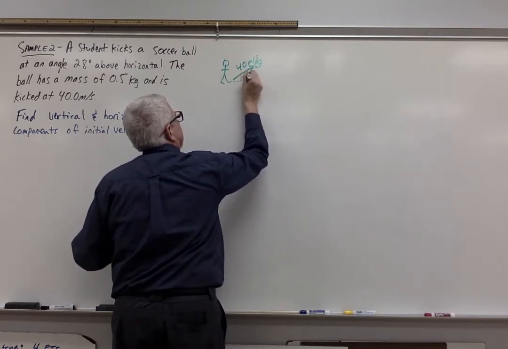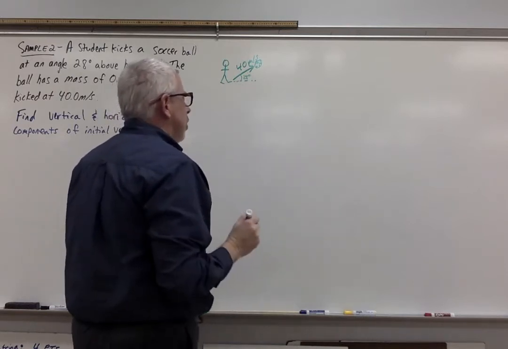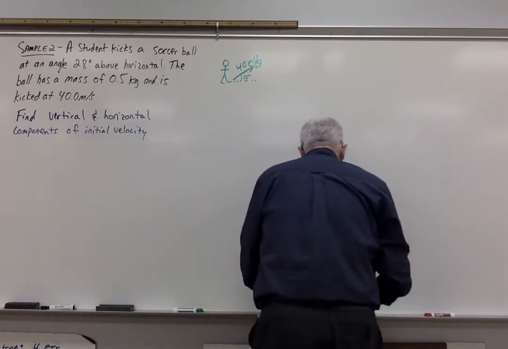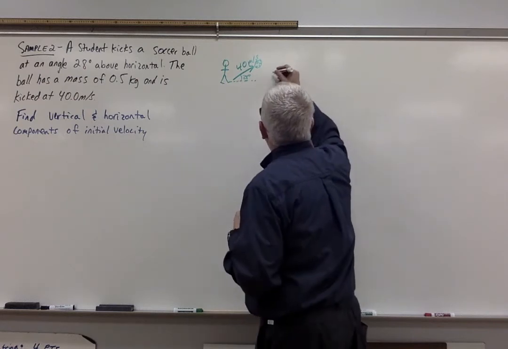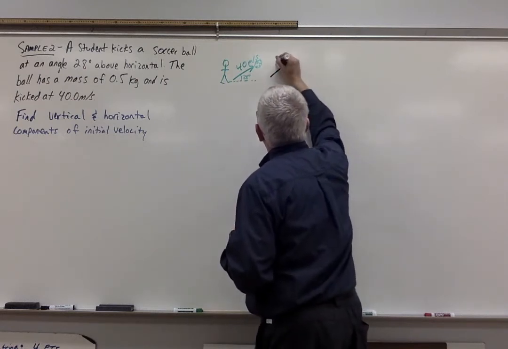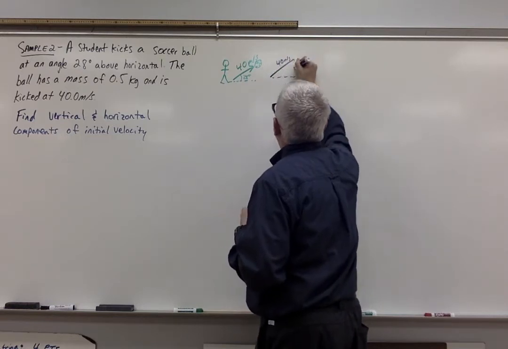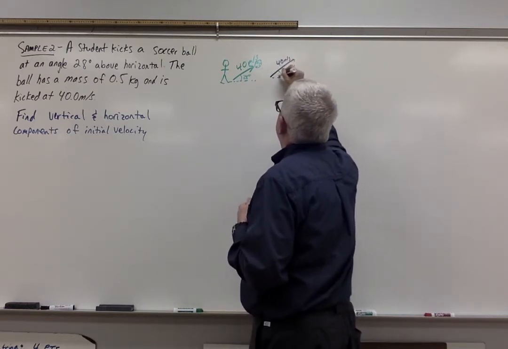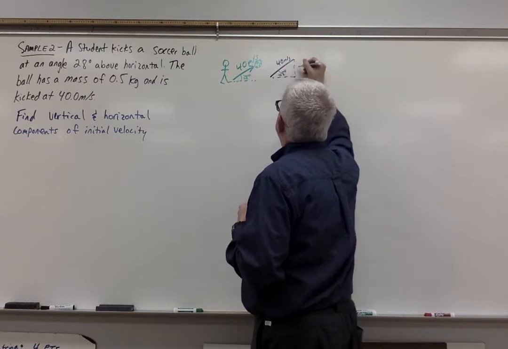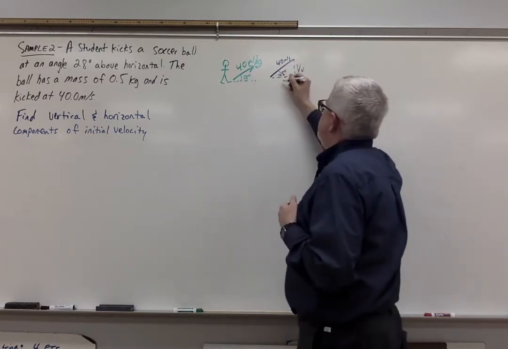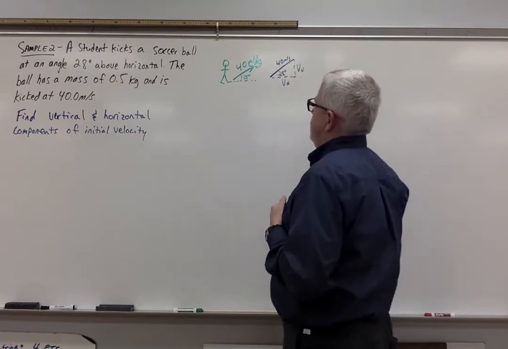And this is going to be a 28-degree angle. So what I could think of is, that's 40 at 28 degrees, that's going to be my vertical velocity, and that component is going to be my horizontal velocity.